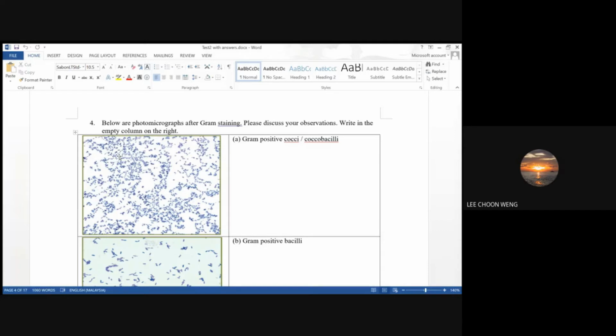However, if you are given just a normal plate with bacteria, with let's say a typical 5 millimeter colony size, and you're asked to do spore staining, where will you take the cell?